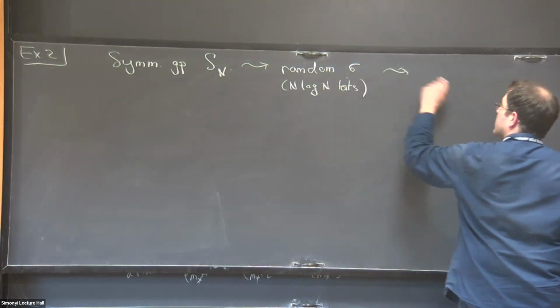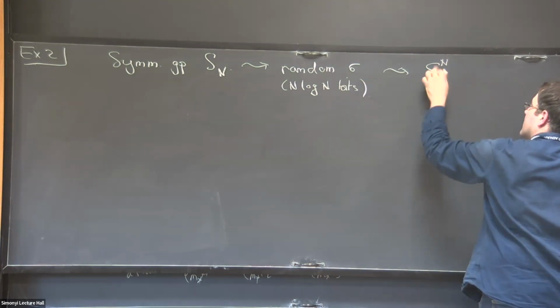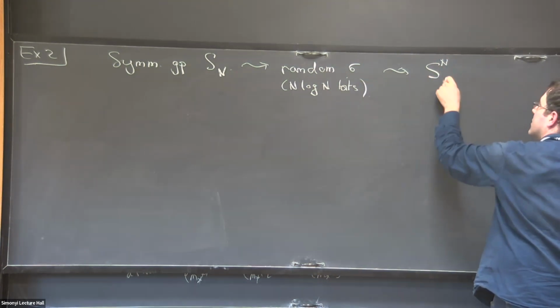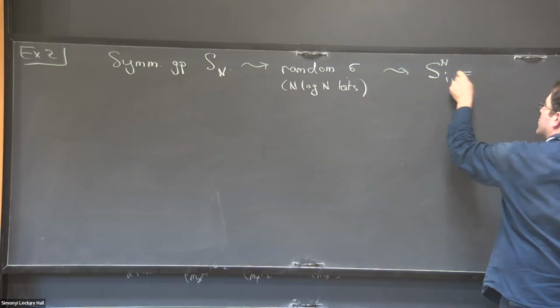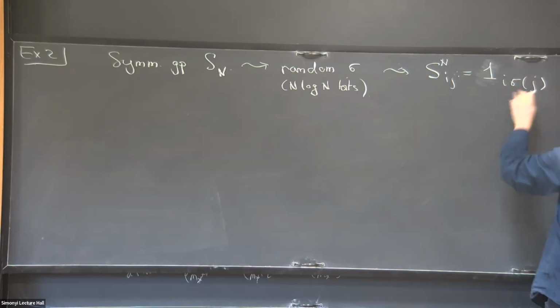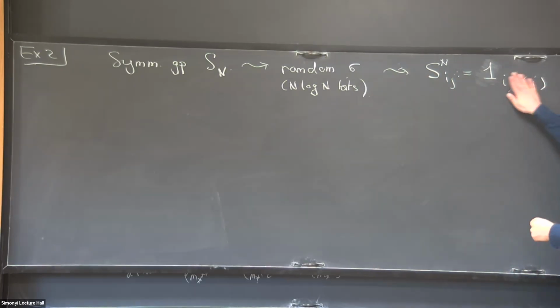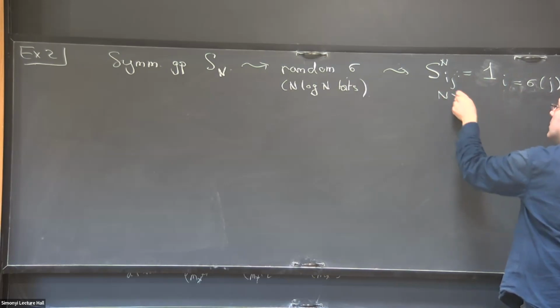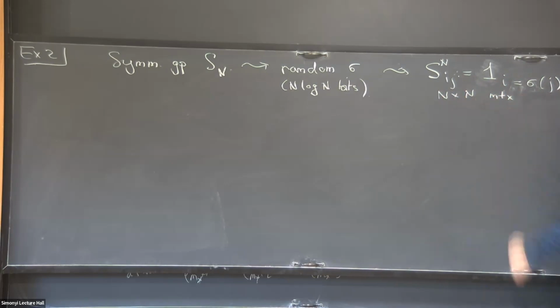And then I form from this random element an n by n random matrix, whose entry (i, j) is 1 if i equals sigma(j), and 0 otherwise. I just think of the symmetric group on n elements acting on the set 1 through n, and then I index how it shuffles the elements 1 through n by this adjacency.